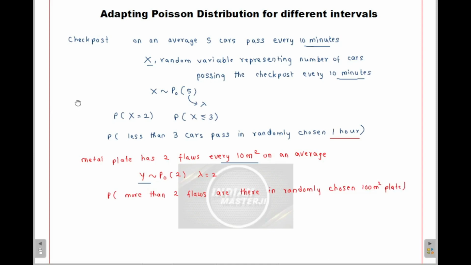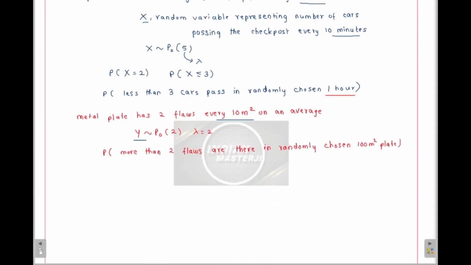So if you see here, now they have changed the interval of space. Here the interval of space was 10 meters square. Now they have changed the interval of space to 100 meters square.